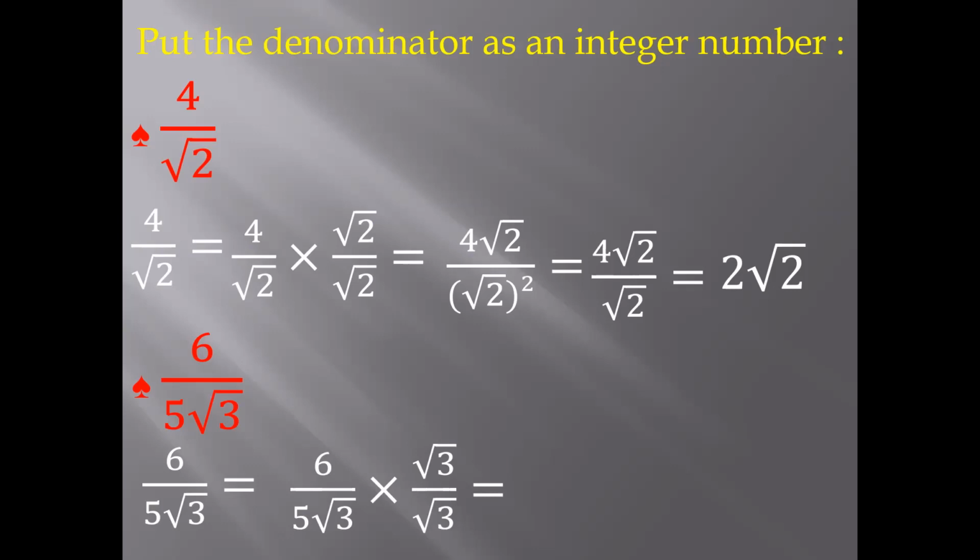So the answer will be 6 root 3 over 5 times 3, which is 15. 6 over 15 equals 2 over 5. So the answer is 2 root 3 over 5, and this makes the denominator an integer.